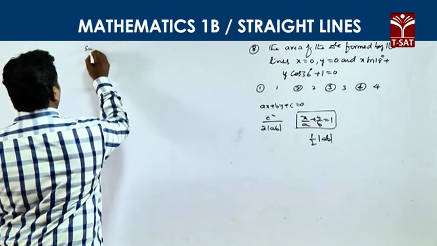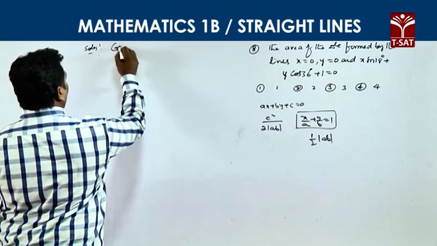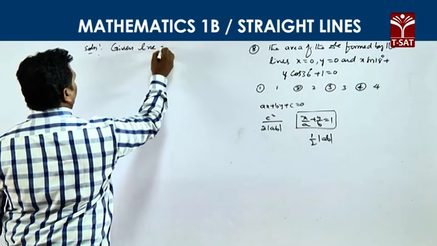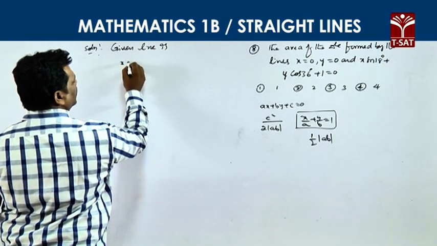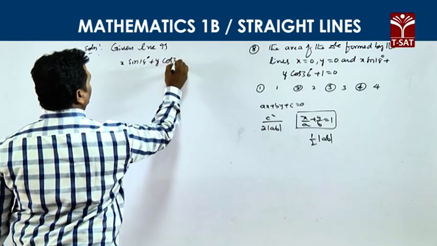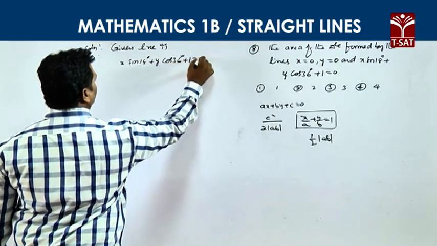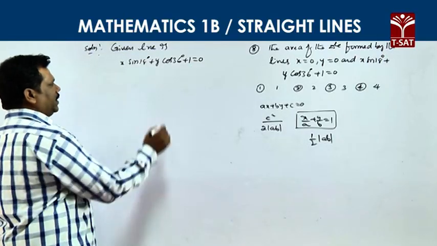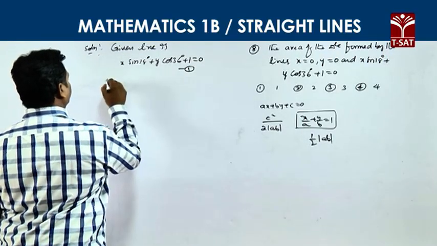So your solution is, given line is x sin 18° + y cos 36° + 1 = 0. This is equation number 1.